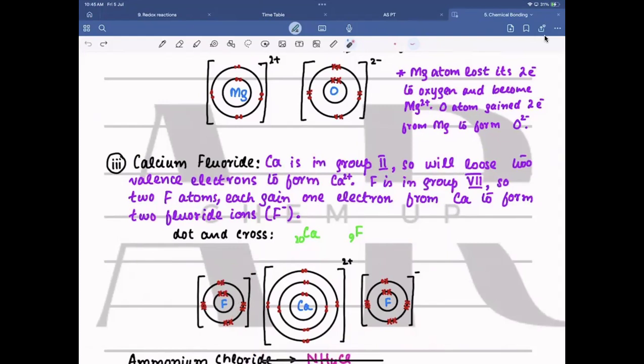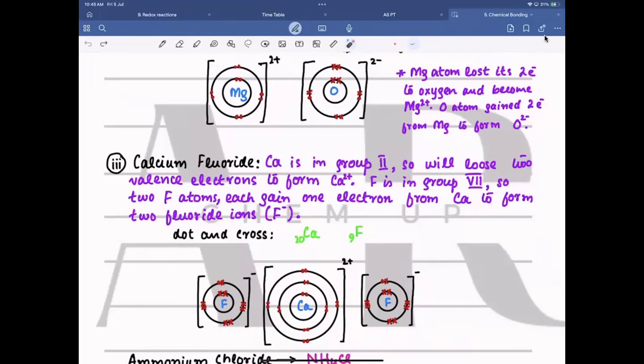Yes, sir. But when the examiner asks you to draw the dot and cross diagram for calcium fluoride, it would be like this, where one calcium ion is in the middle and 2 fluoride ions are on opposite sides of the calcium ion. Is this clear? Yes, sir.